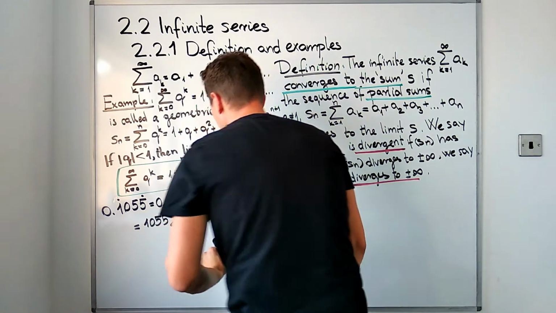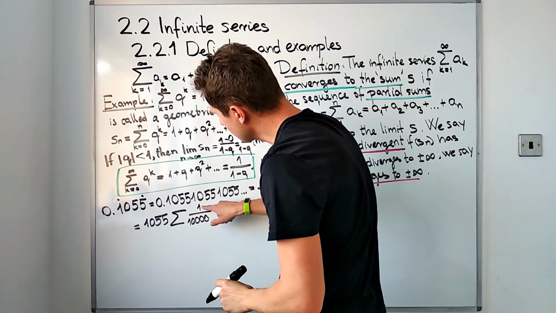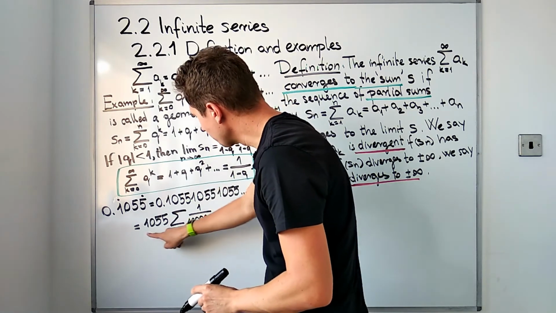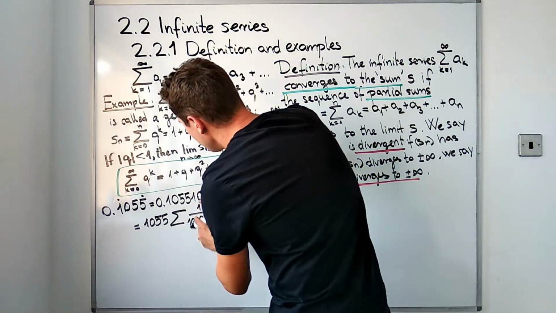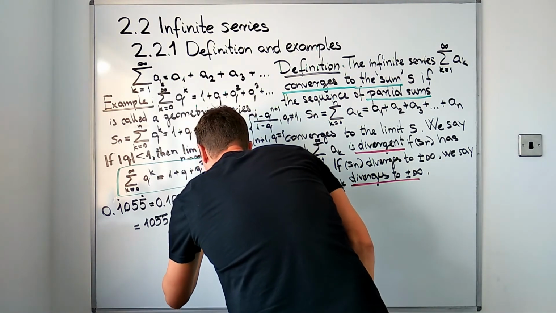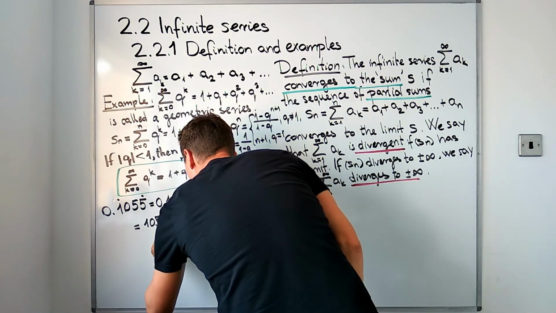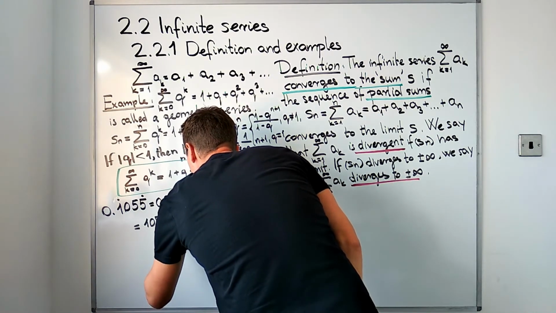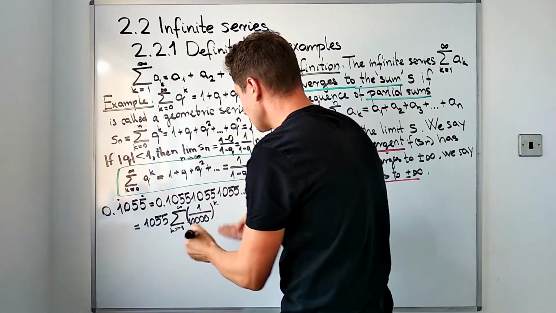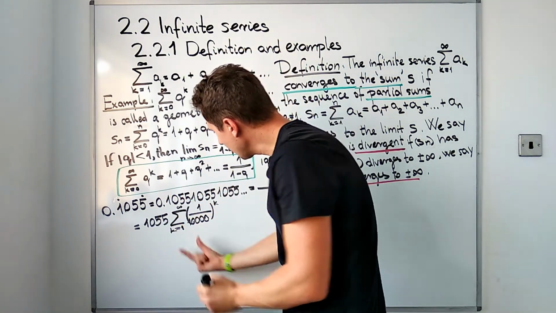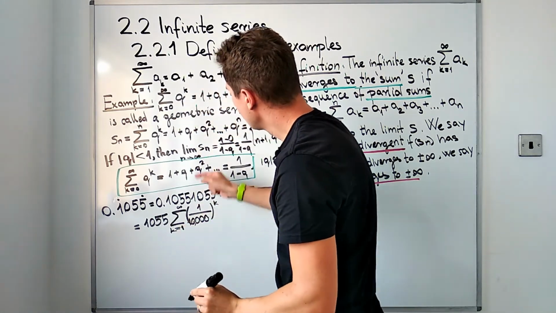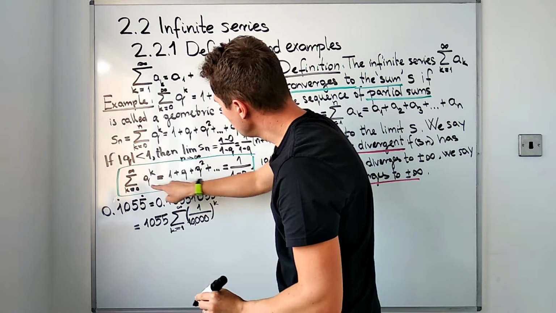If you think about this, what this means is 0.0001 multiplied by 1055 would give me just this number. And if I take powers of 1 over 10,000, with k going from 1 to infinity, I would exactly obtain this number.